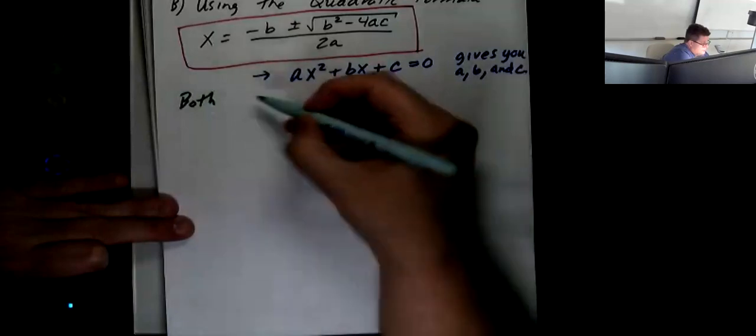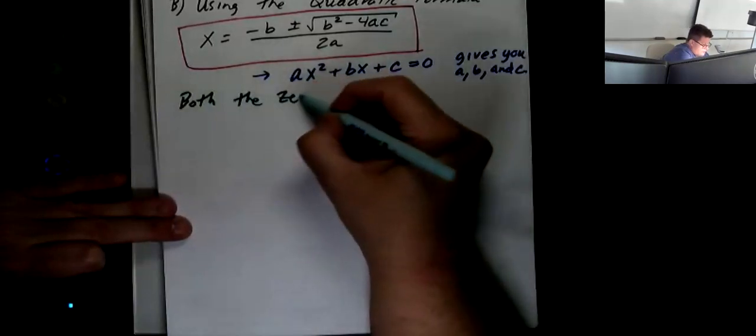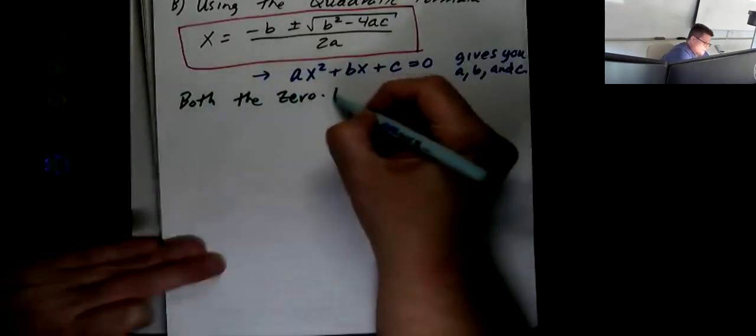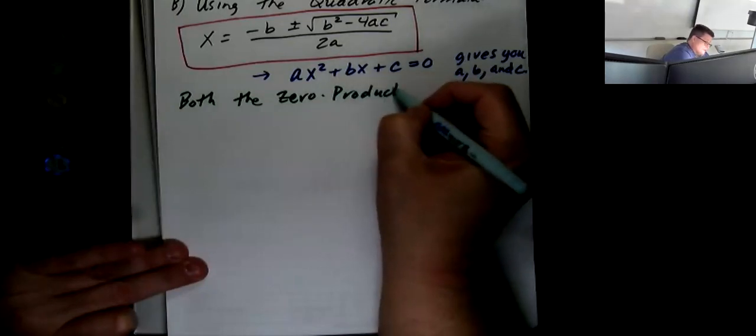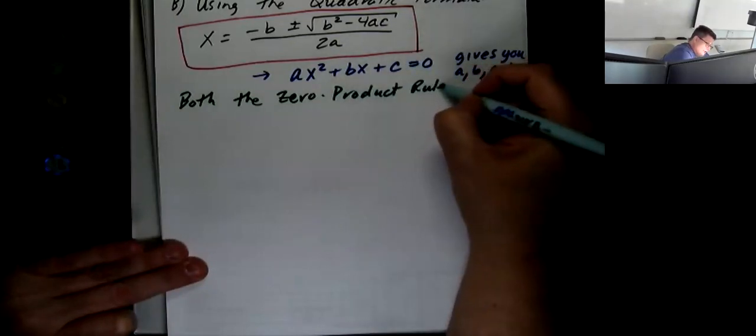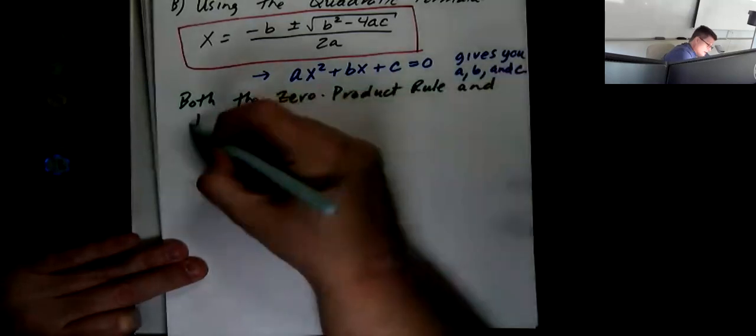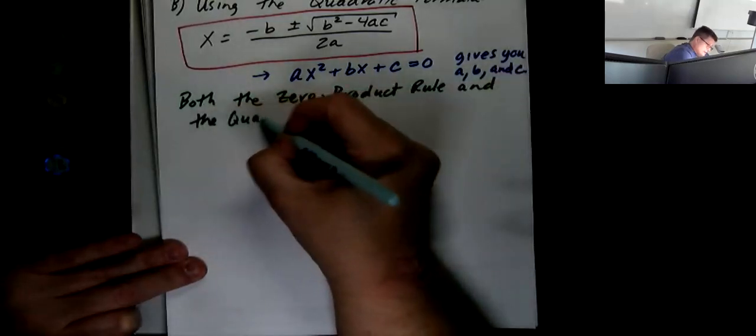Both the zero product rule, I didn't mention it or write it down on the last page, but it's pretty important, and the quadratic formula require the other side to equal 0.